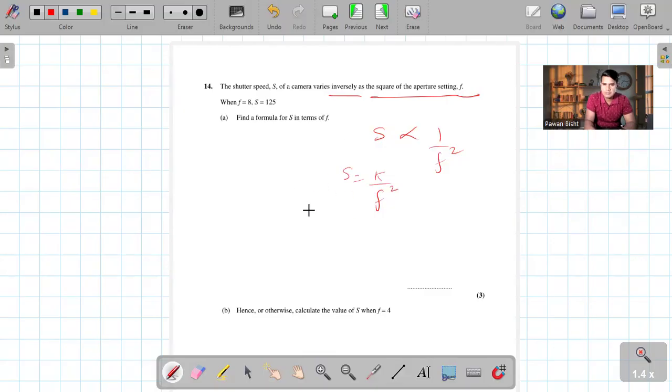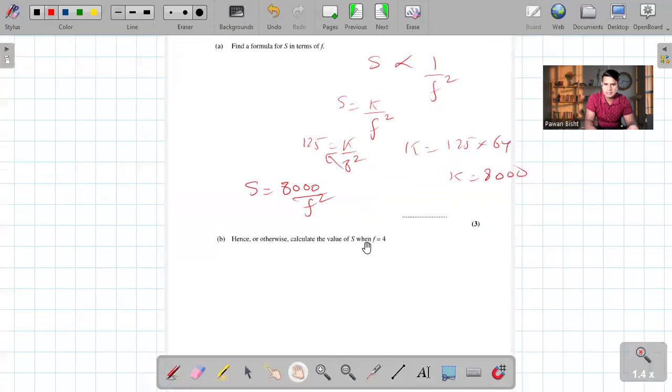Now they have given S as 125 when f is 8. So k will be 125 times 64, because this will get cross multiplied. Multiply 125 times 64, which is 8000. So k is coming 8000. So what is the relationship? S is equal to 8000 over f square.